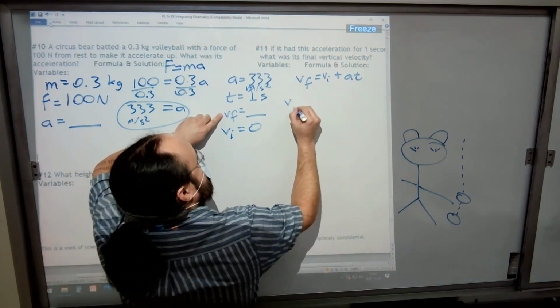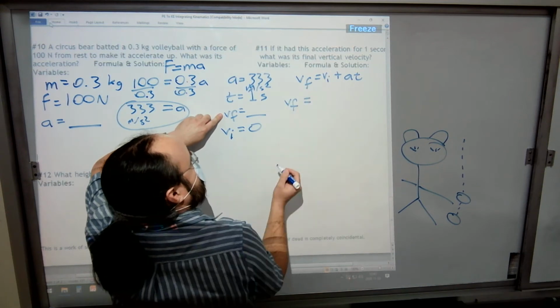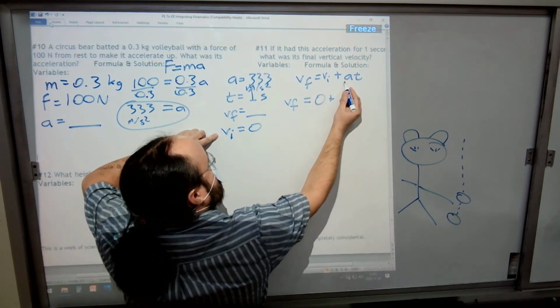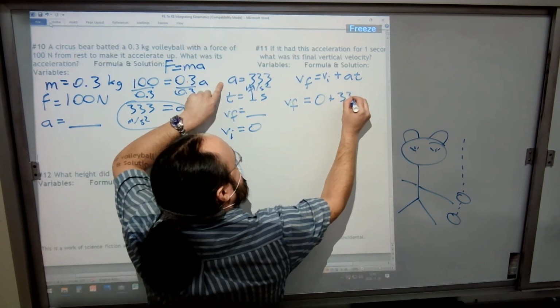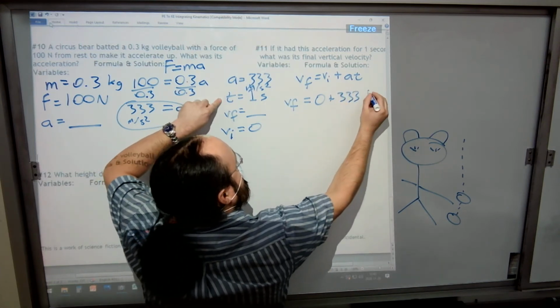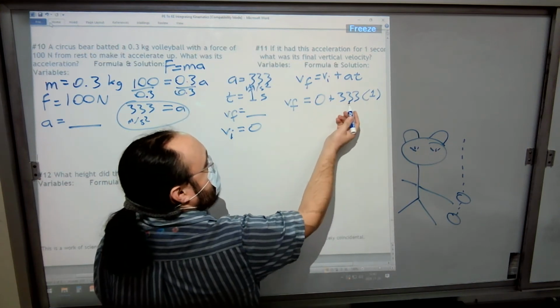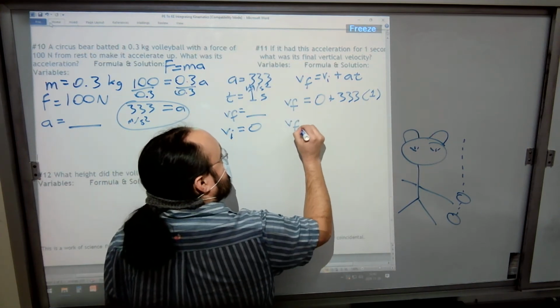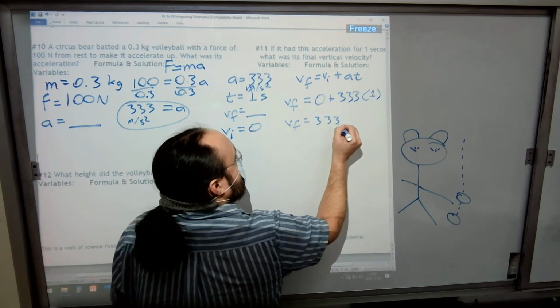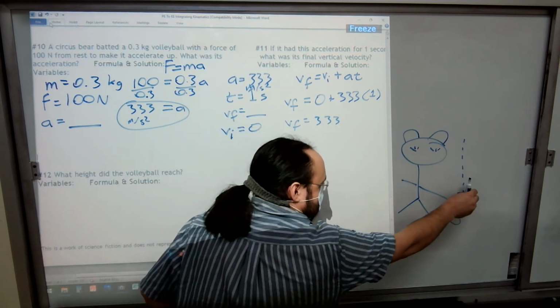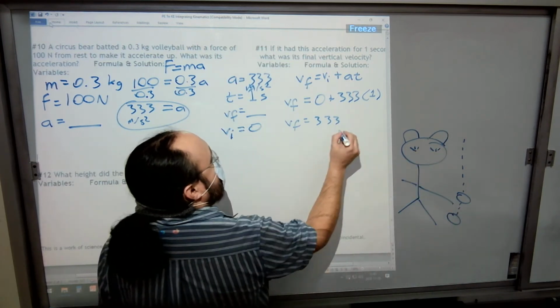Final velocity is what we're looking for. Initial velocity is 0. Acceleration is 333. And time is 1. And 0 plus 333 times 1 makes our final velocity 333. So that's its final velocity from rest to right here, and then it's going to go up from there.